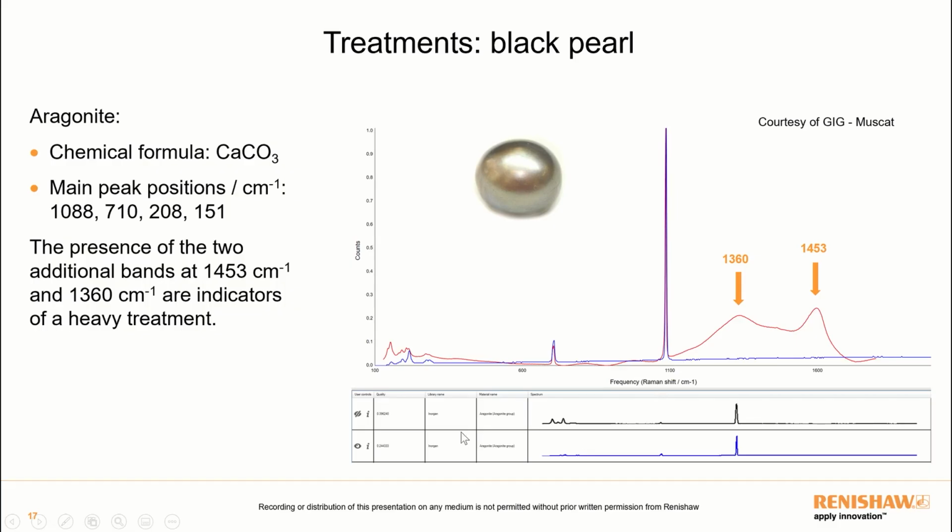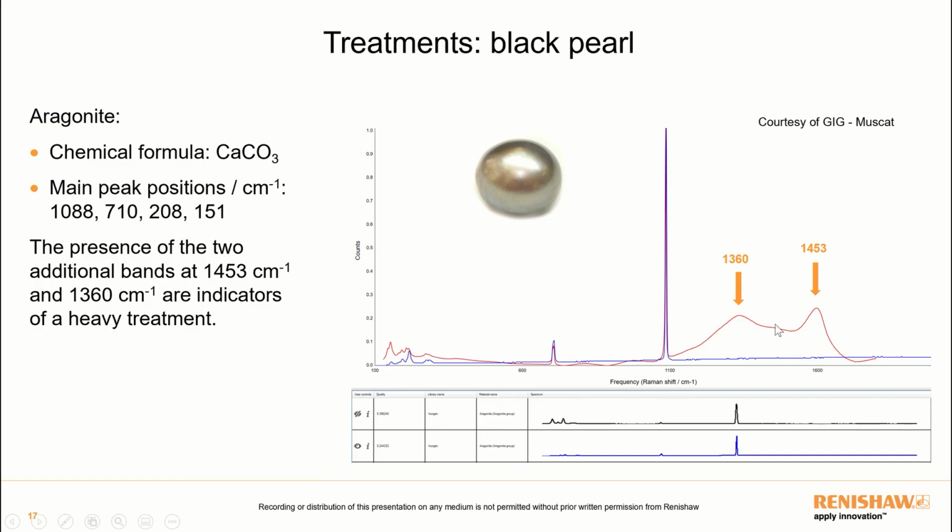Using the Renishaw spectral database and search software, we can immediately spot out the typical bands of the aragonite, with the main feature at 1088 Raman shifts, and then there is a band at 710, and then a crowded area in the low wave numbers region.